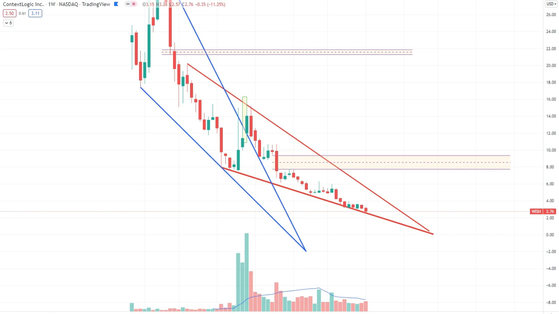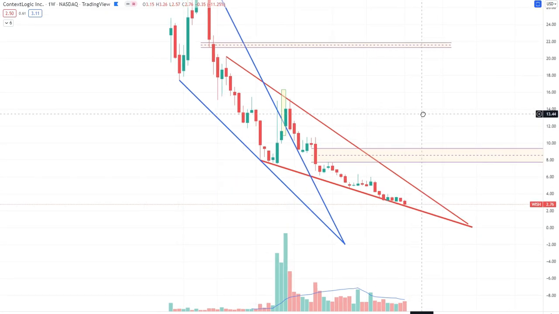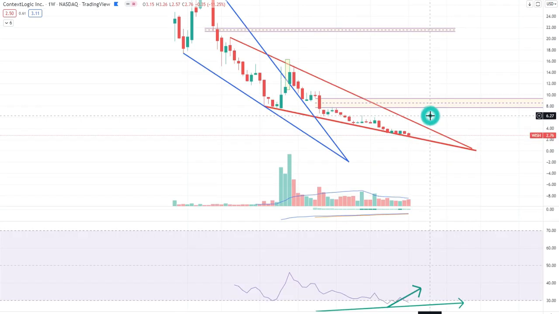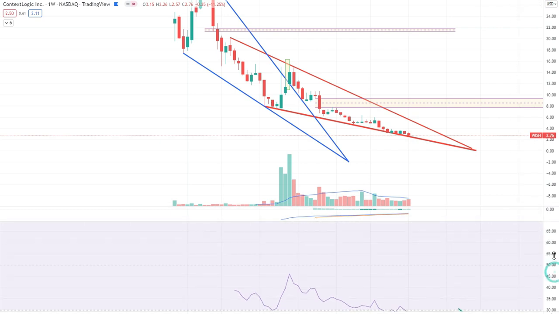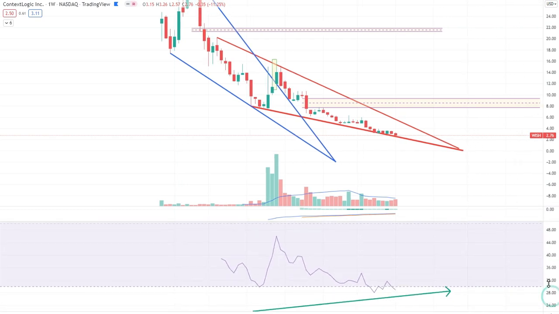So let's start from a weekly chart, and then we'll go into lower time frames to see what happened last week. Again, if we look at the weekly chart, as I said in my previous video, we can see pretty clearly that first of all we are in an oversold territory as regards the RSI.